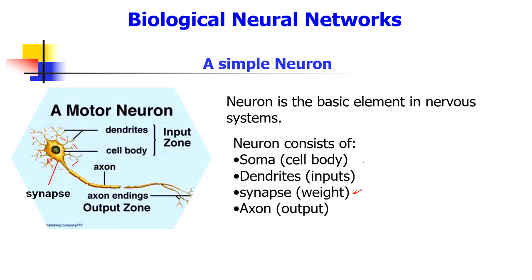And then the final part is the axon. This is the one plugged into our output, in order to control motion, movement, reflexes, and so on. These are the four types of components inside the human neuron.